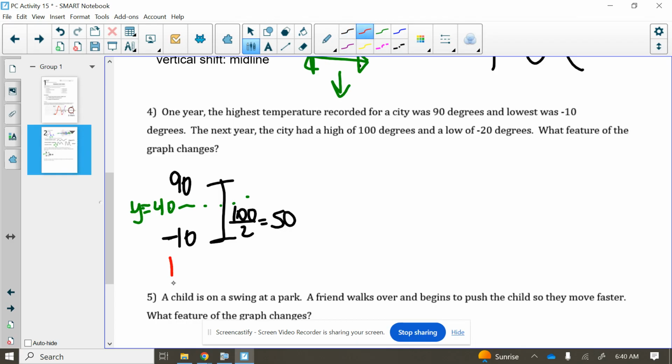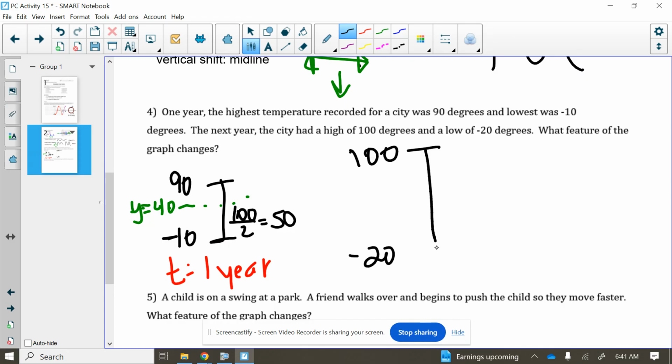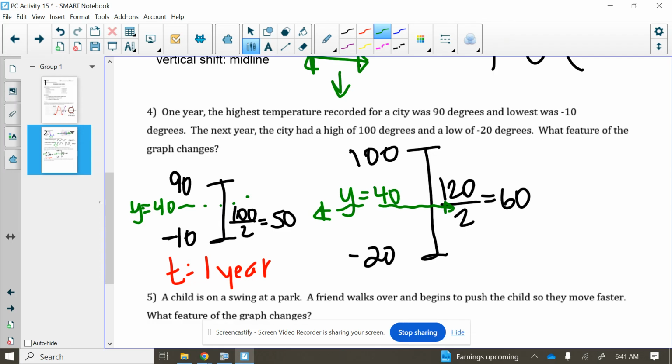Time it's taking to repeat is 1 year, right? Well, if we think about the high and the low over here, we said 100 is the high, -20 is the low. Distance between these two is 120 units, so our amplitude is 60 this time. The midline, though, is still 100 plus -20, which is 80, divided by 2, so this is still 40.